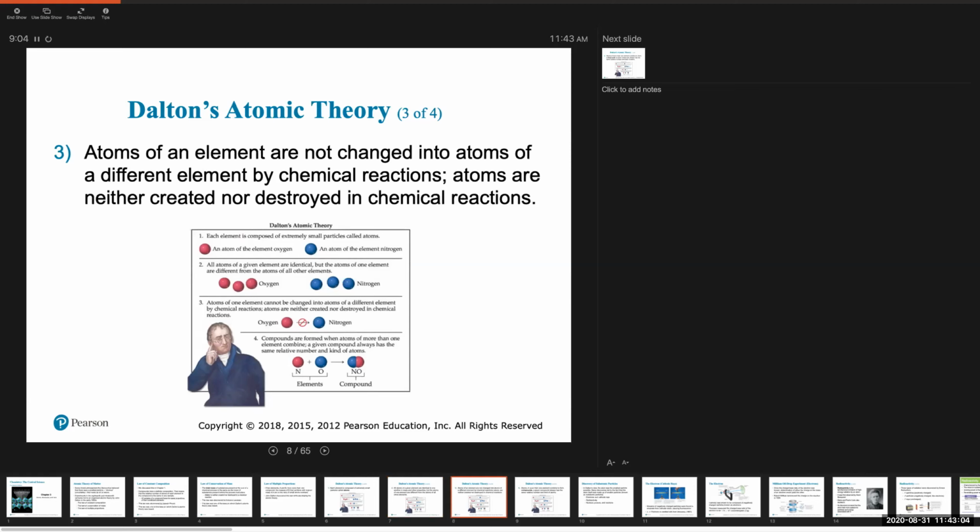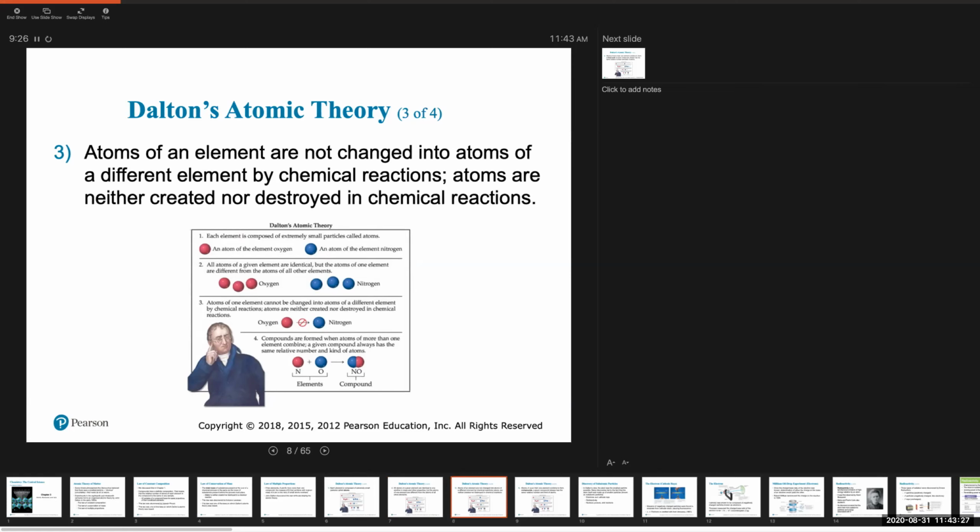The next thing he said was, atoms of an element are not changed into atoms of a different element by chemical reactions. Atoms are neither created nor destroyed in chemical reactions. So this is kind of what we talked about, that conservation of mass. You have carbon, for instance, in a molecule in some form.